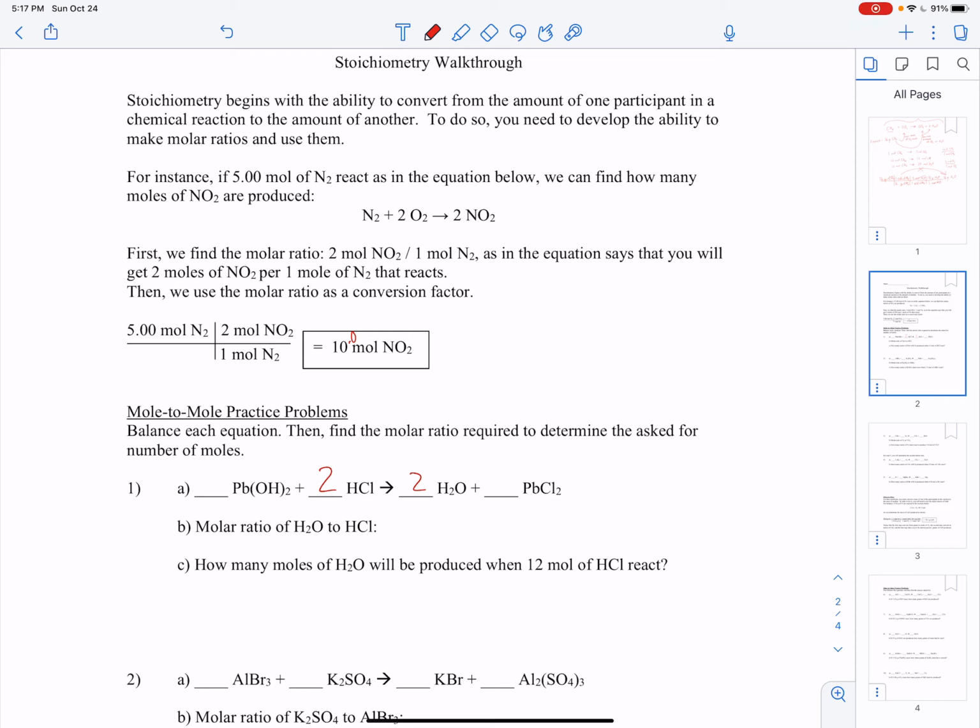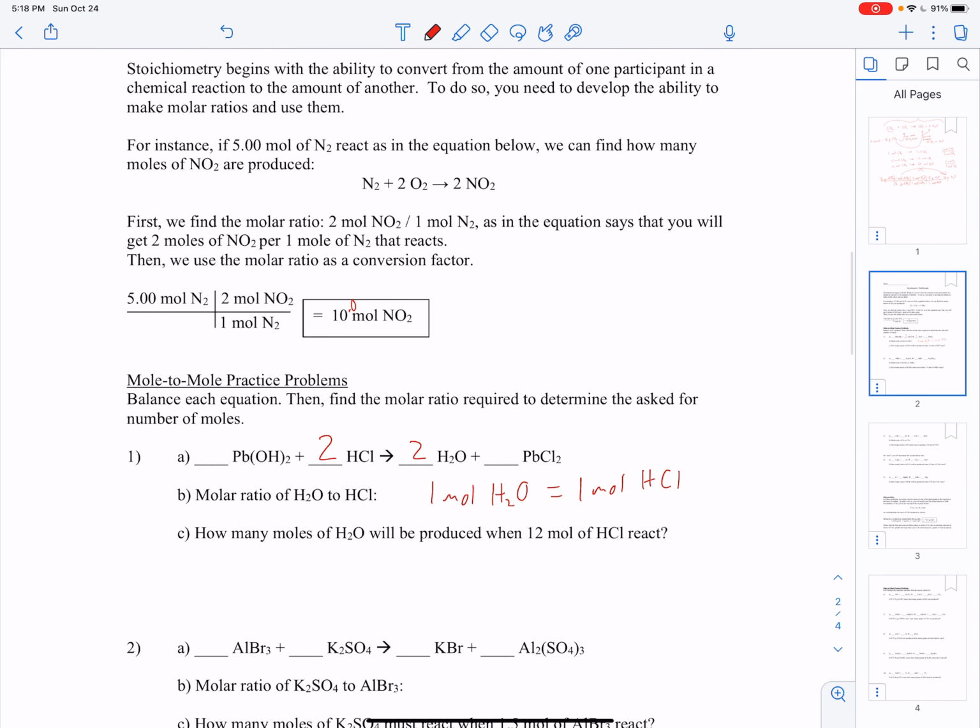Now, the molar ratio of H2O to HCl, you might notice, is 2 to 2, or of course, that's also 1 to 1. So you could write that as 1 mole of H2O is equal to 1 mole of HCl. Or another way to write that is 1 mole of H2O divided by 1 mole of HCl.